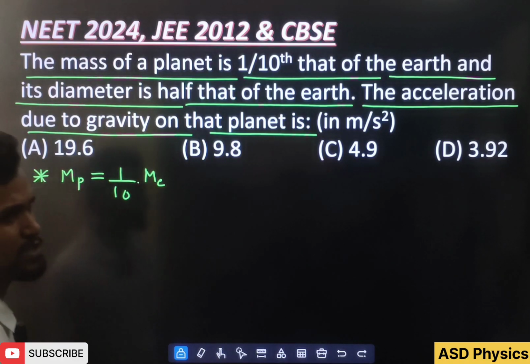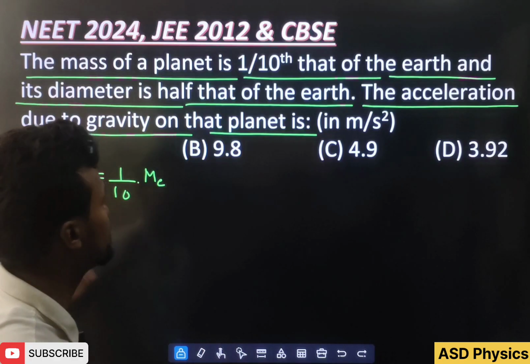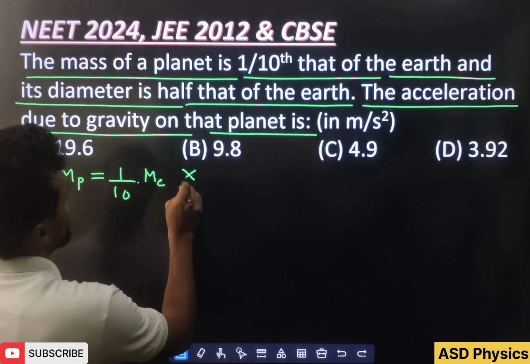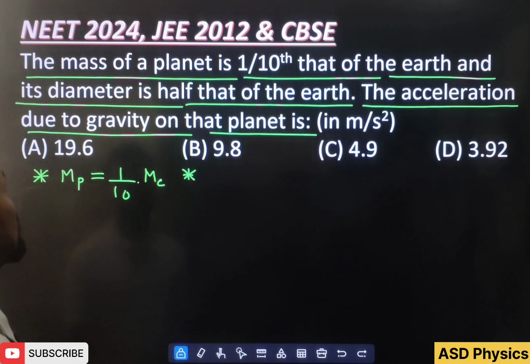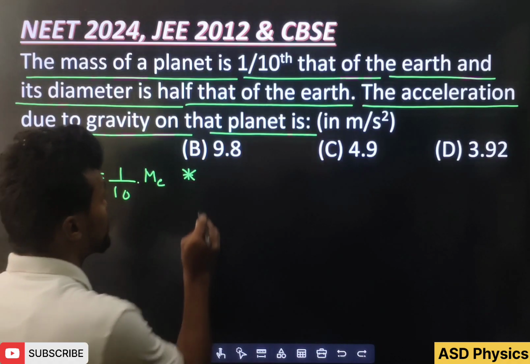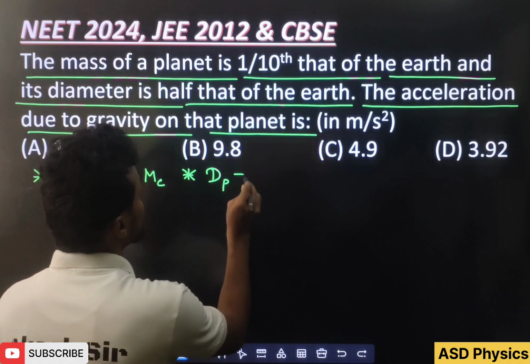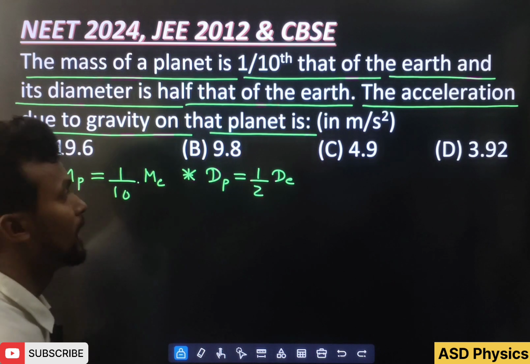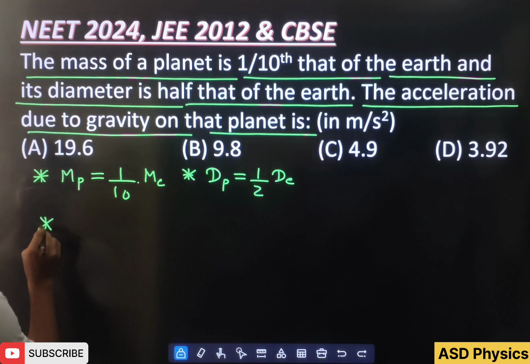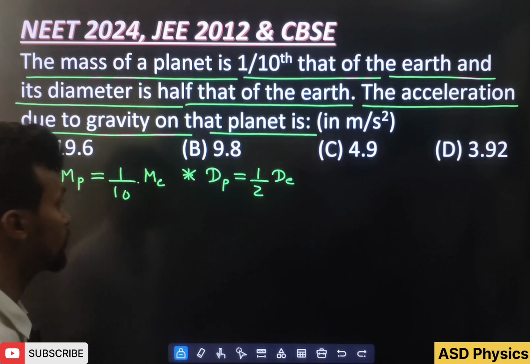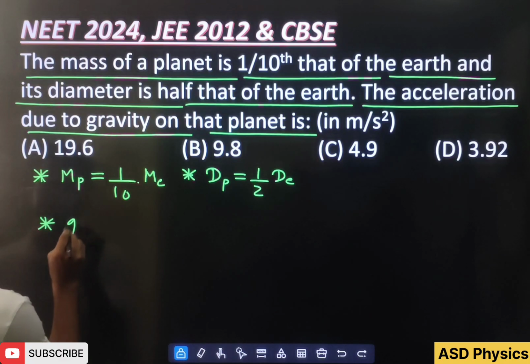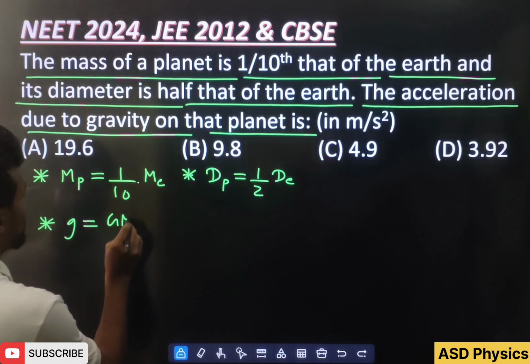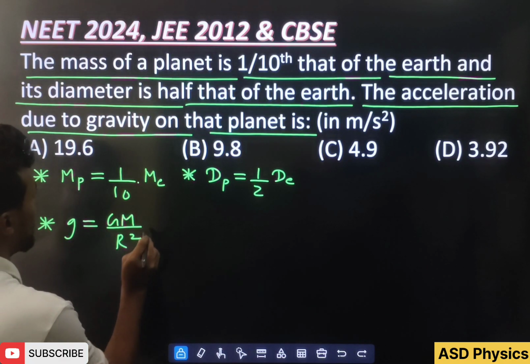I'm writing M_e instead of M, just to be very clear. The diameter is half of the diameter of the Earth. Now we have to calculate the gravity on the planet. We know the formula: g equal to GM by r square.